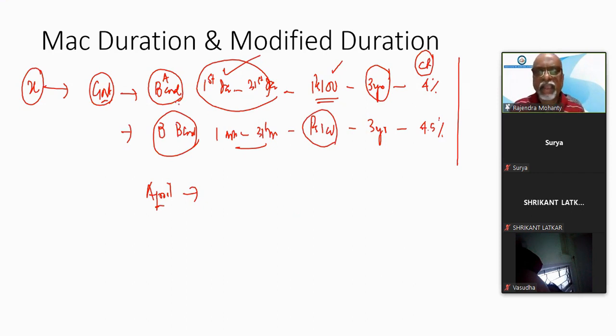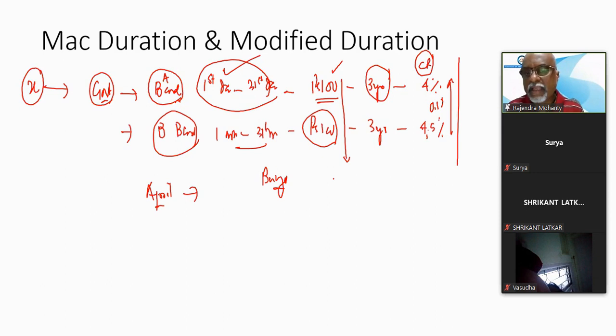But X wants to sell it. Anyhow, he wants money. So at what price will he sell? Less than 100 rupees. The buyer will compare: for 100 rupees I'm getting 4.5% interest, so what will be the price for which I will get 4.5% on this one? When the interest rate has gone up in the market, the bond price has to fall.